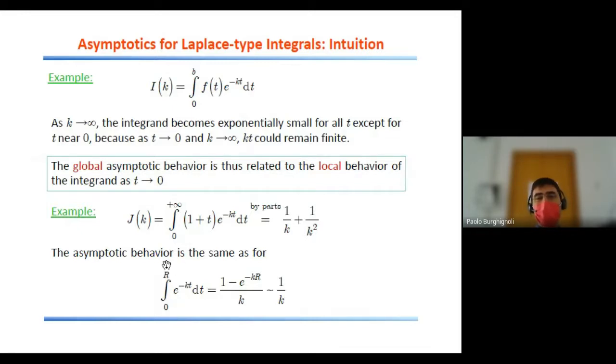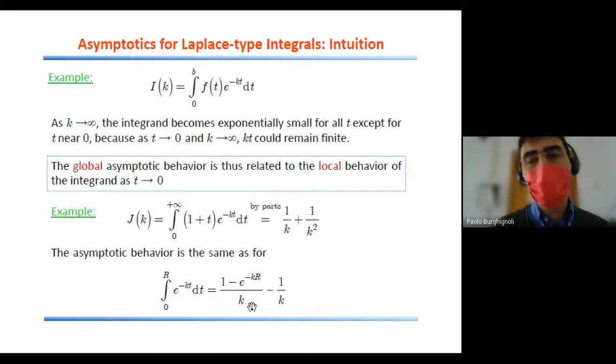Now, this kind of modified integral, in which we have taken into account only a neighborhood of the origin, both in approximating the quantity in brackets and in replacing the upper limit of integration with some arbitrary number R, can also be evaluated exactly. And the result is 1 minus e to the minus kR, over k.